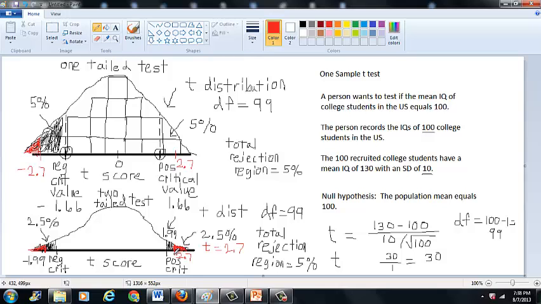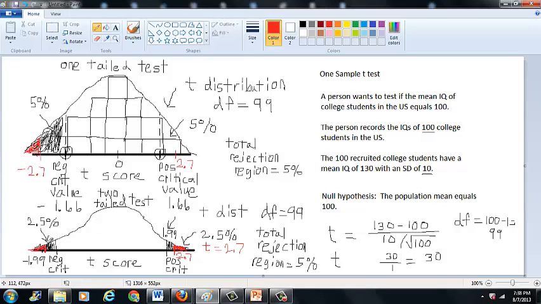And those two really go hand in hand, because if you're inside the rejection region, meaning your t-score is beyond the critical value, your p-value has to be 0.05 or lower, because the total rejection region, which is the total shaded area inside this curve, is 5%.